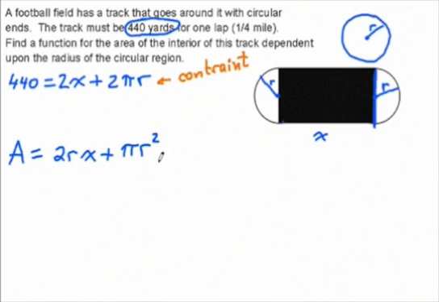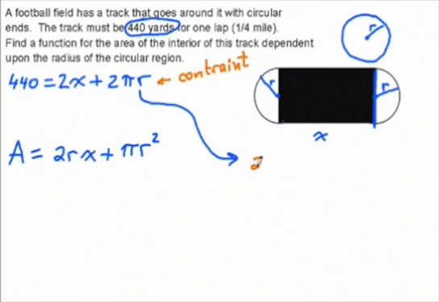Now I want to change it into a function based just on the radius of the circle. So I need to substitute away this x. And the best way to do that is to take the constraint, solve it for x, and plug in the answer here. So off to the side, I'm going to solve the constraint for x.